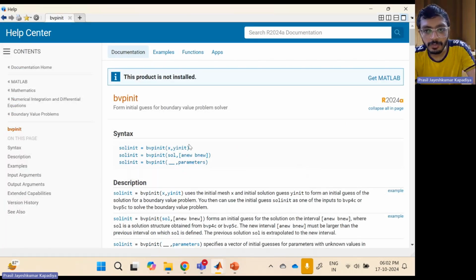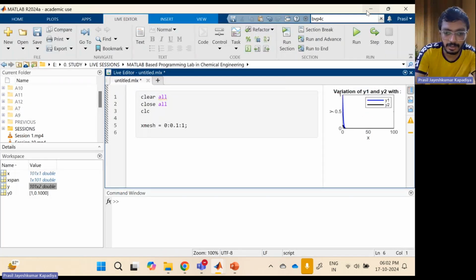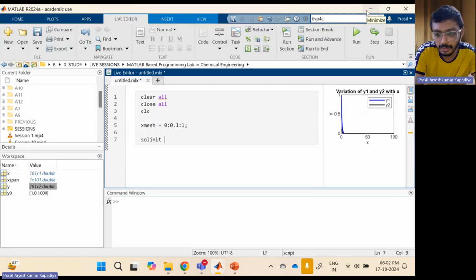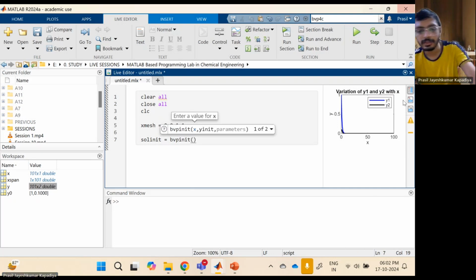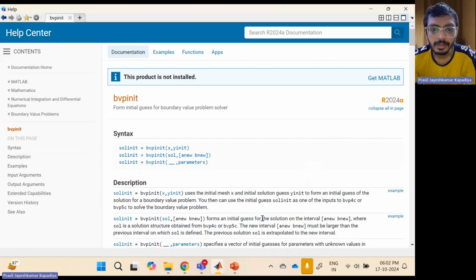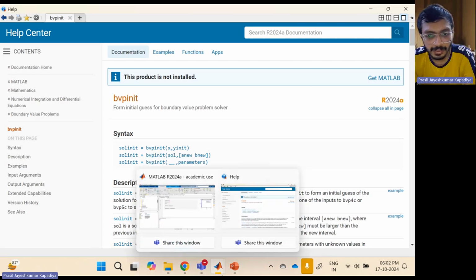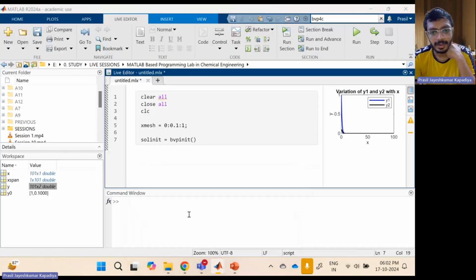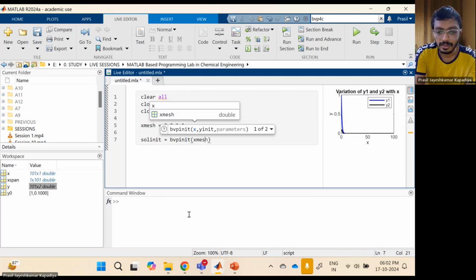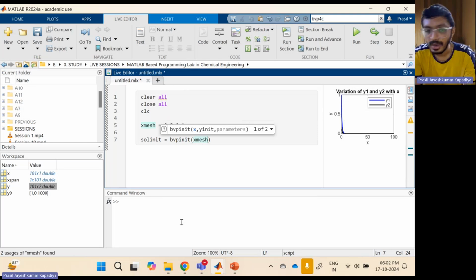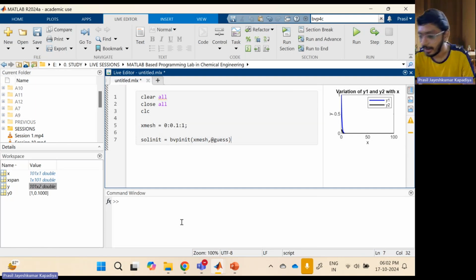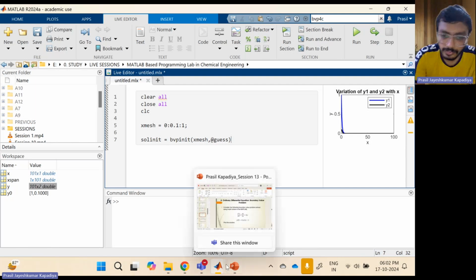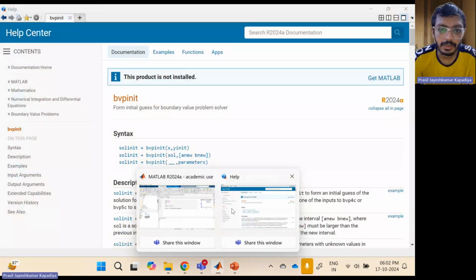Sol init is equal to BVP init, then x comma y. For x I have x mesh, and for y I can write a function guess. We will be writing the function at the end. Okay, so I have created my BVP init.